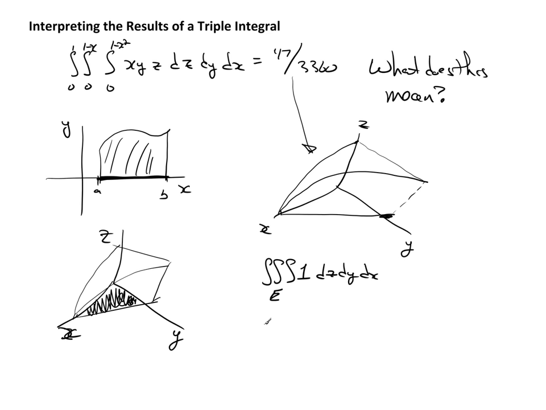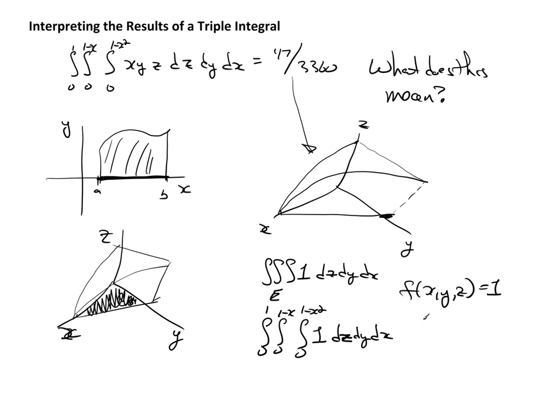So if I were to integrate from 0 to 1, 0 to 1 minus x, 0 to 1 minus x squared of 1, here f of x, y, z simply equals 1, this would give me 5/12, which is the volume of this particular solid.